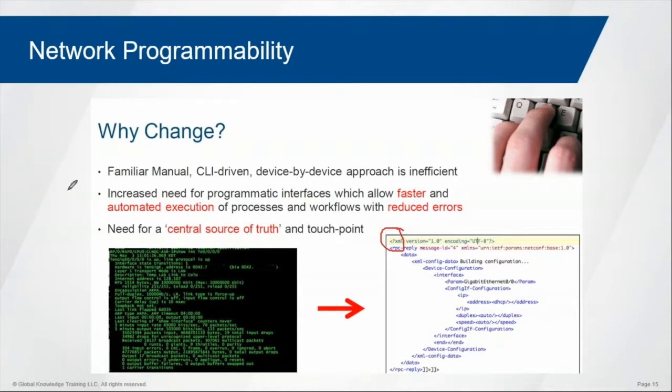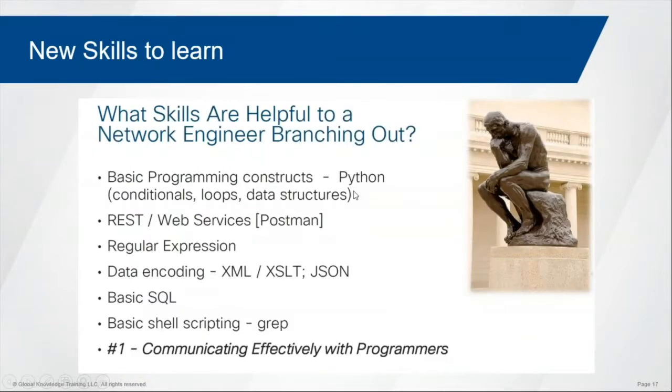An alternate to XML, and probably becoming more popular, is JSON, JavaScript Object Notation. The idea of JSON is it allows us to automate a lot faster. JSON is an alternate to XML. So we could say in the world of networking, in software-defined networking, XML and JSON are kind of doing the same job.